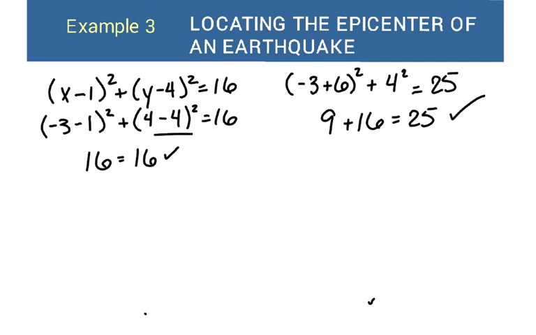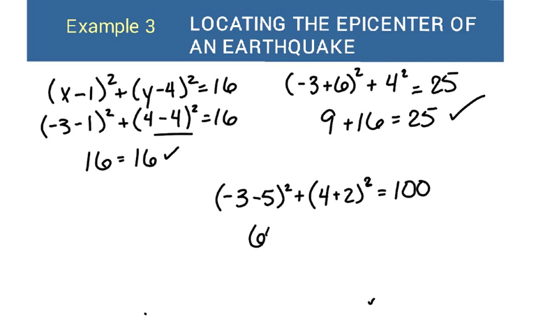So that one checks out too. And then the last one, (-3 - 5) squared, plus (4 + 2) squared, equals 100.